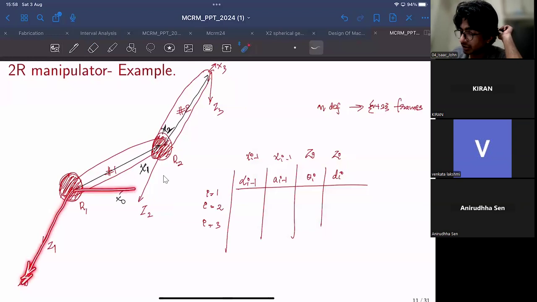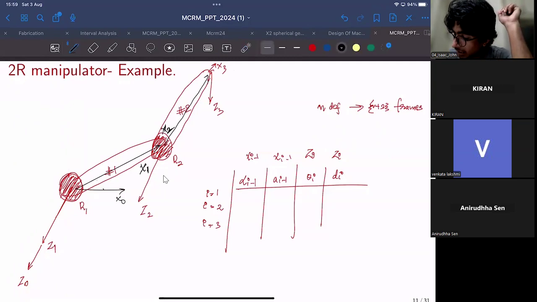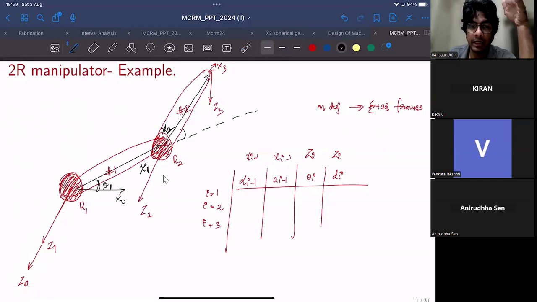Their relative rotation and orientation is always going to be the same. So now what is the transformation between the 0th frame and the first frame? For convenience, I'll also label this angle as theta 1, and this angle, the relative angle between link 2 and link 1, as theta 2.